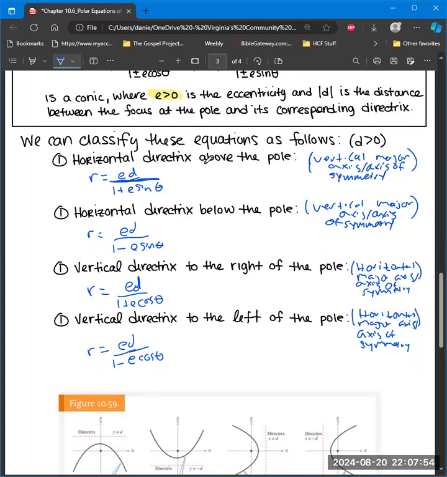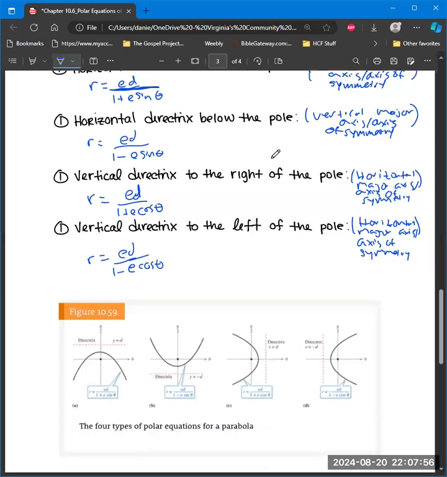So if we have a horizontal directrix above the pole, this is just showing this to you with a parabola, then you would have a vertical axis of symmetry here, or a vertical major axis if you had an ellipse. You'd have a situation that might look like this, where you're opening away from this directrix, and there's that focus, and there's another focus down here.